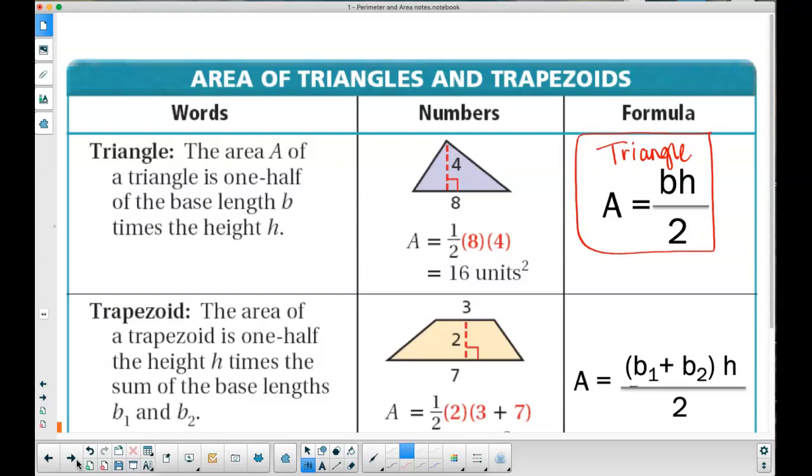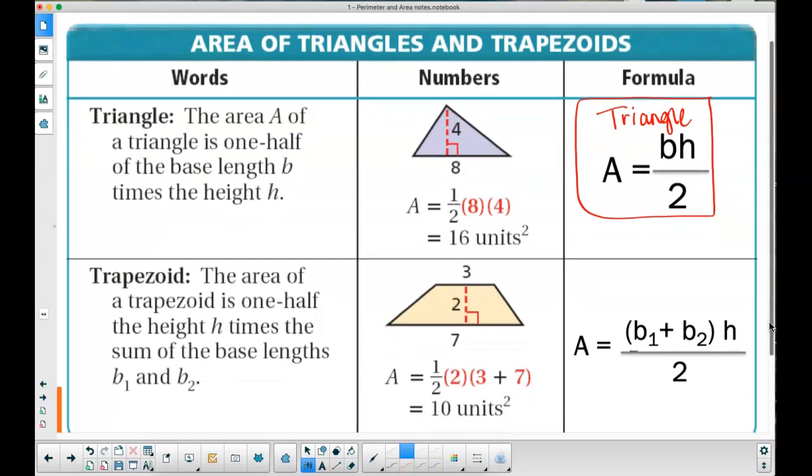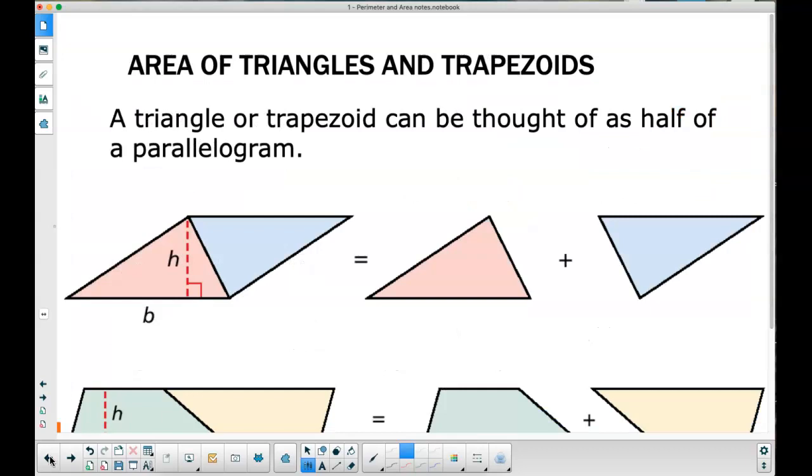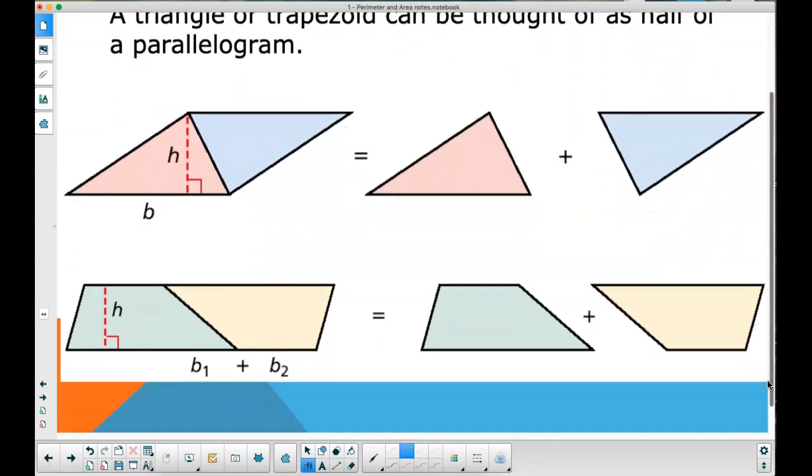Okay, for a trapezoid, it's a little bit more complicated. Okay, the formula for a trapezoid looks like this. It looks a little bit messy, and here's why. Okay, I'm going to go back a slide. If I look at this trapezoid, a trapezoid really has 2 bases.